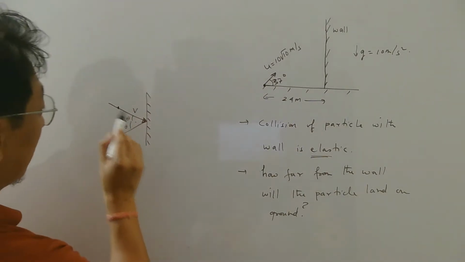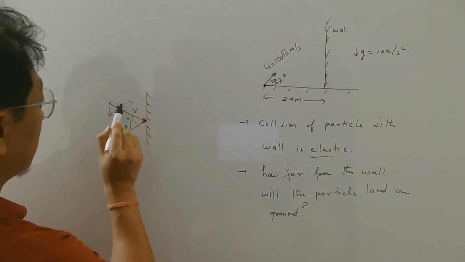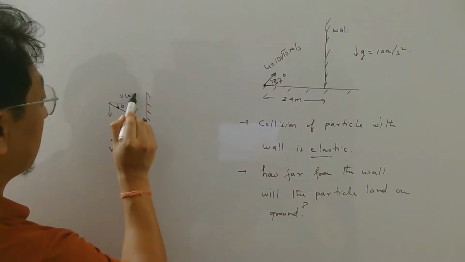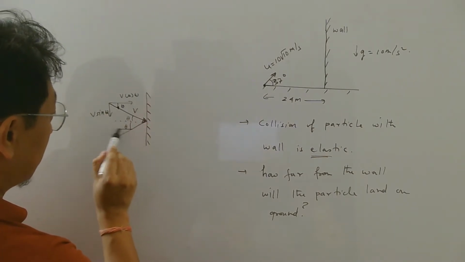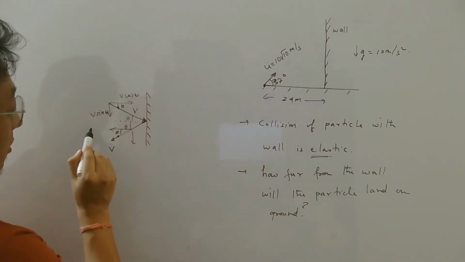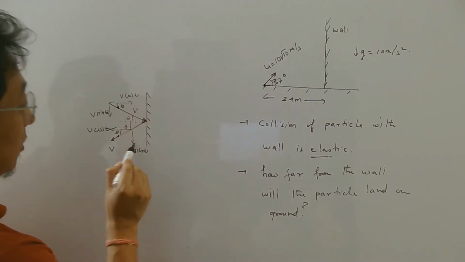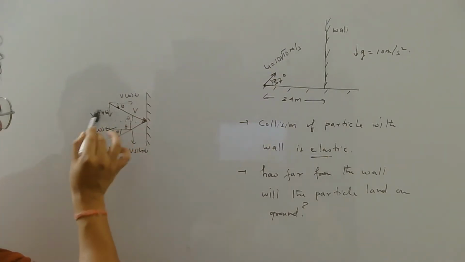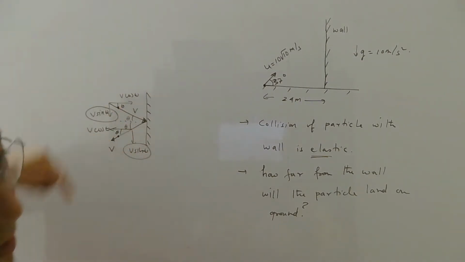Which means if you take components of this speed, this is theta, right? So this is v cos theta, v sin theta. And if you take components of this speed, you can see this is theta, means this is also theta. So this is v cos theta, this is v sin theta. So you can see the vertical component remains the same in direction.